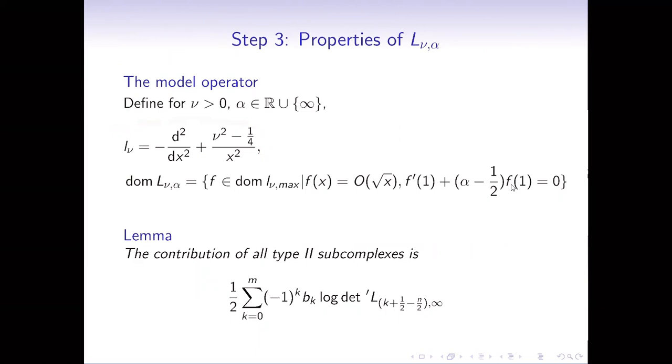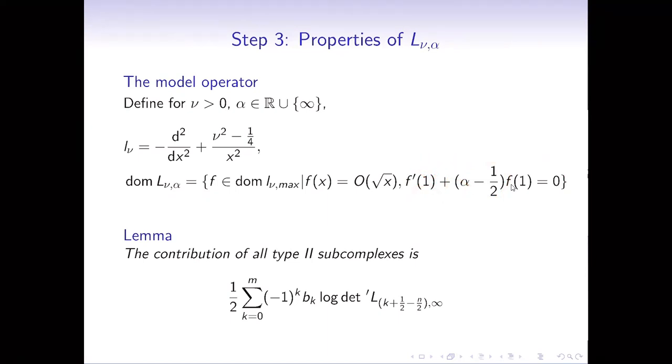And we define a range of self-adjoint extensions based on the second coefficient alpha, inducing these boundary conditions, with the special values that if alpha is 1/2, you get pure Neumann boundary conditions, but we also allow alpha to be infinite, in which case it's pure Dirichlet boundary conditions.